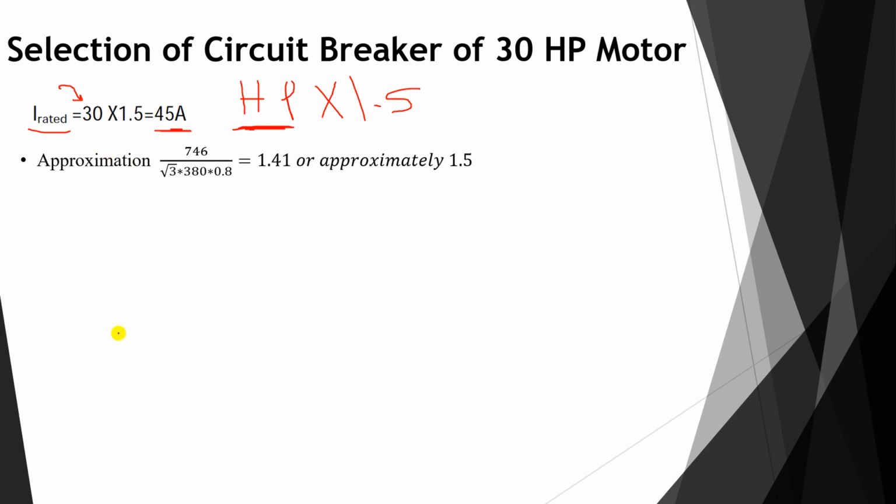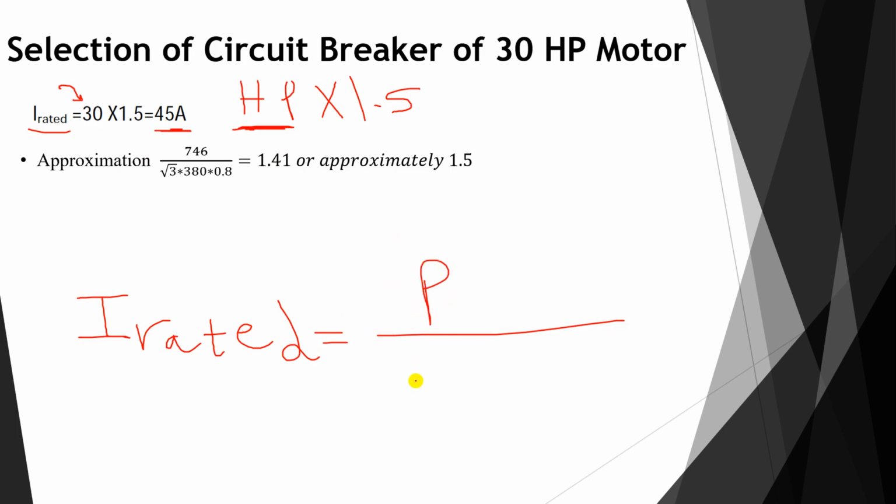Now remember that the rated current, I rated, of a motor is equal to the power divided by root 3, since we are talking about line to line, multiplied by V line to line, multiplied by the power factor.